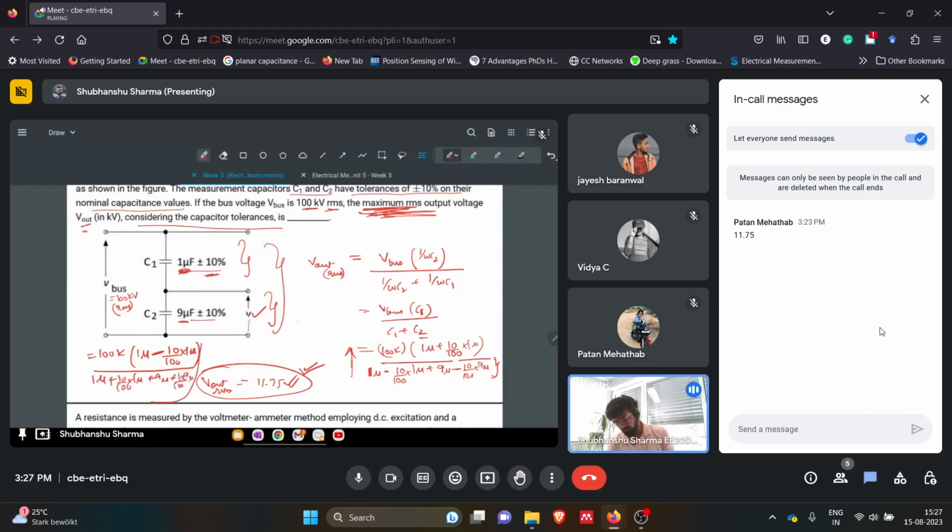So this term is for the V out RMS minimum value, and this was for the maximum.